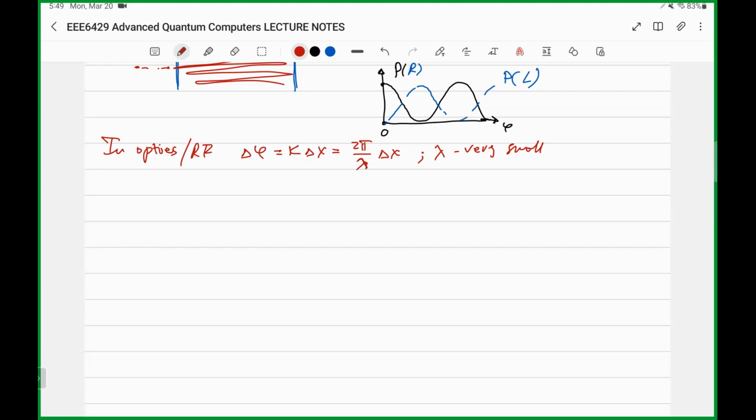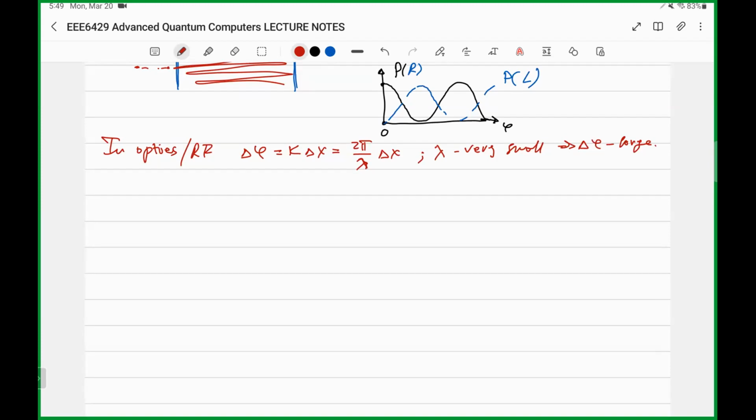The best sensors ever are based on the interference effect. Since lambda is very small, delta phi is large, or can be measurable or finite, for very small variations of delta x.